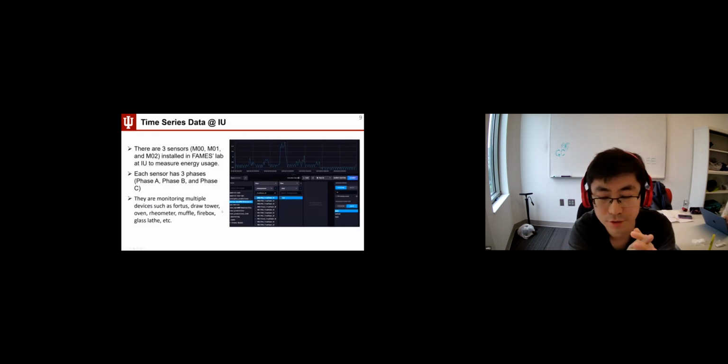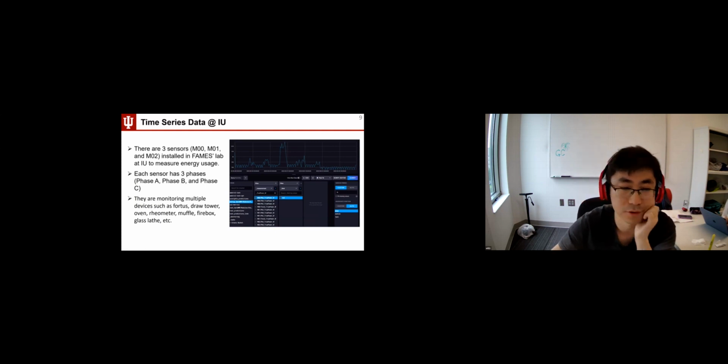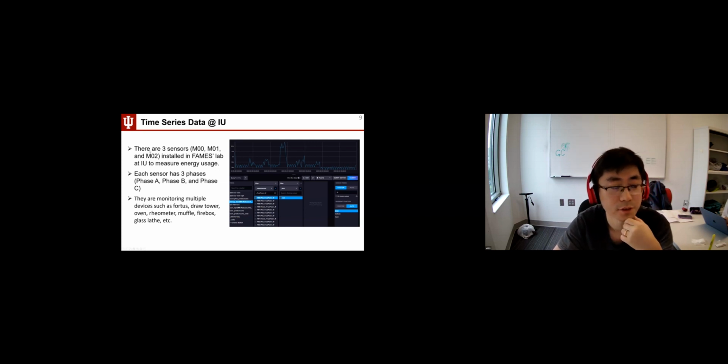So before we examine the performance of Prophet on the net energy data, we first briefly introduce the data itself. There are three sensors installed in the FAMES lab at IU to measure the energy usage.